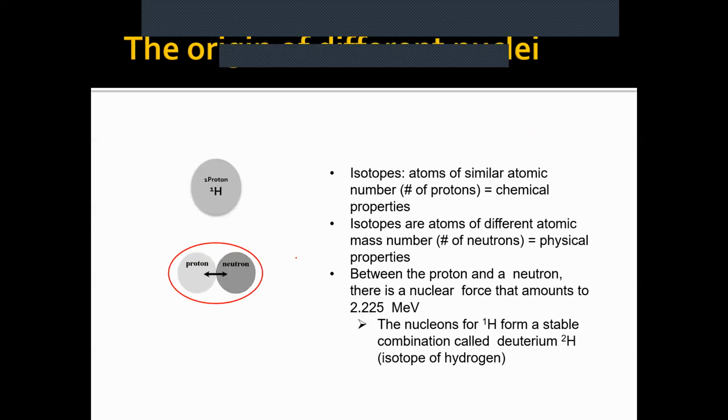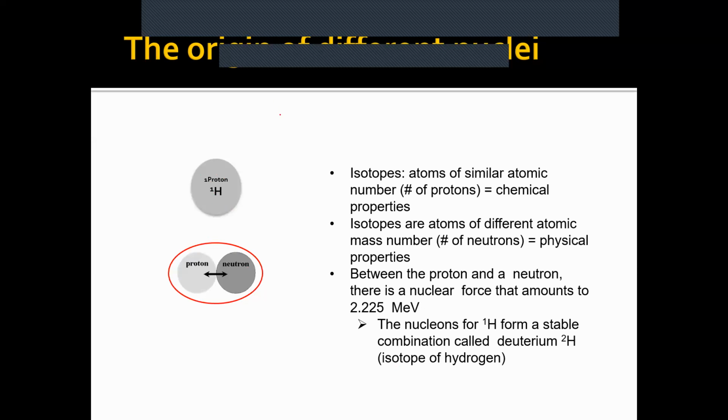Okay, so here we have, in a hydrogen atom, in a one hydrogen atom, you're going to get only a singular proton. By comparison, a hydrogen 2 atom, which is deuterium, is going to have a proton and a neutron. Now, isotopes is what this is called, right?